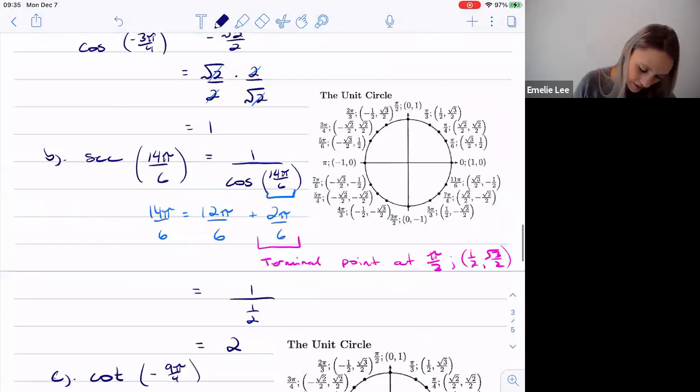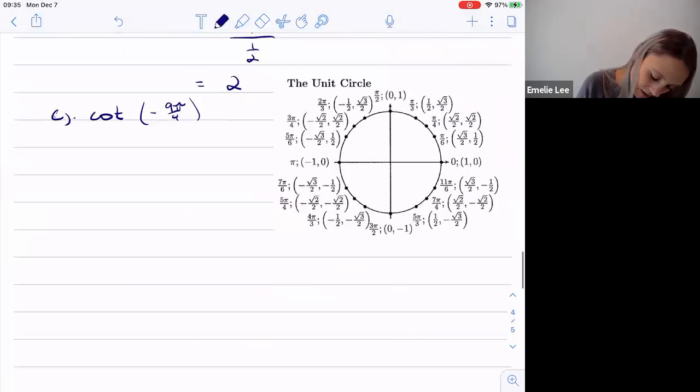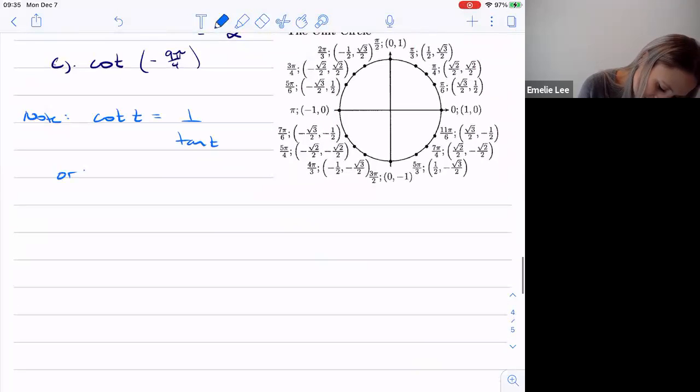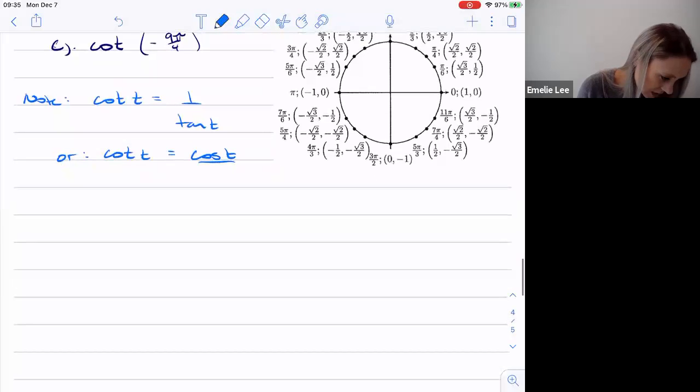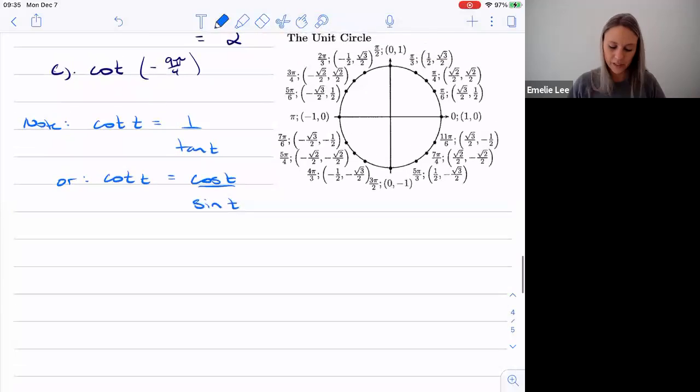Note the cotangent of t is 1 over tan t, or the cotangent of t is cos t over sine t. It doesn't actually matter which one you use.